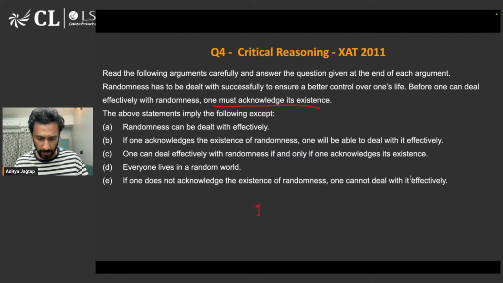So step one, acknowledge randomness. Then step two, deal with randomness.